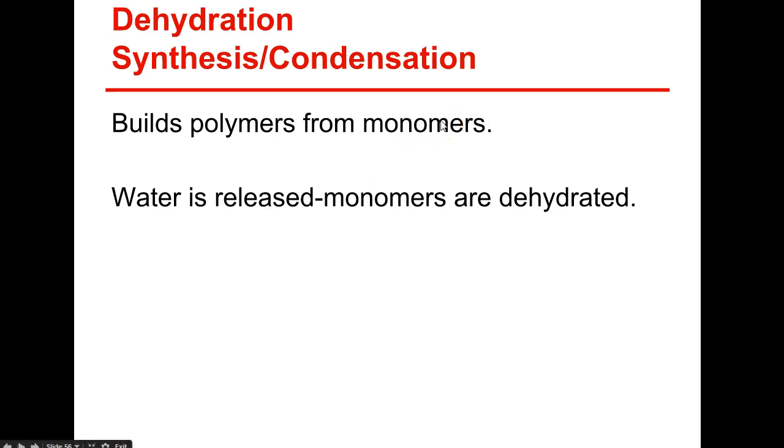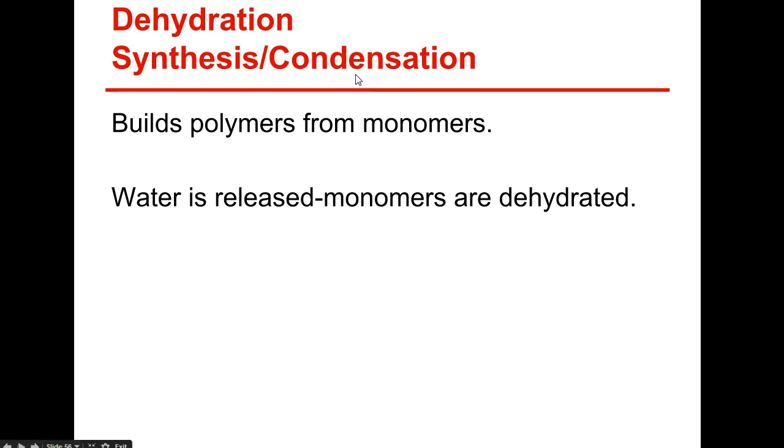Now, the way that we take monomers and turn them into polymers, or build them, is called dehydration synthesis, or condensation. These are two different words for the same thing. We call it dehydration and condensation because water comes out of it.